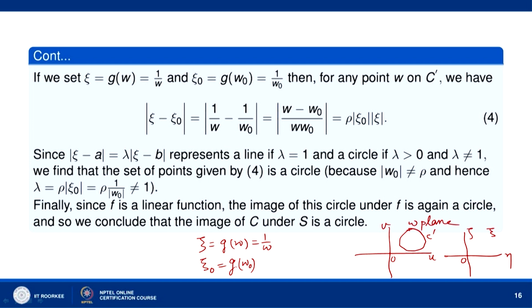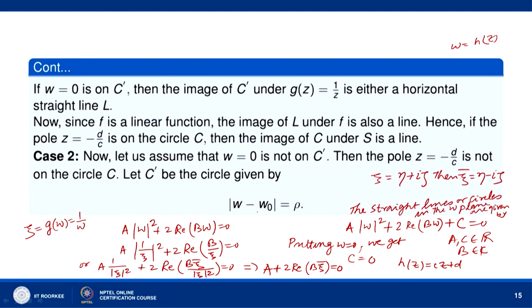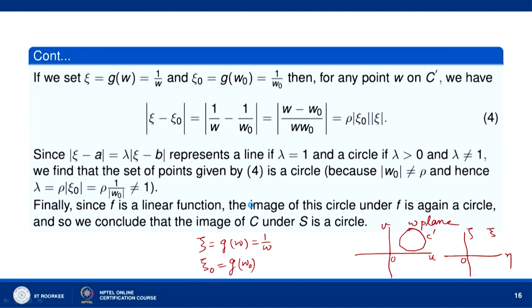The point w naught, which is the center of the circle C dash, is mapped into xi naught, then xi naught is equal to 1 by w naught. Now, take any point w on C dash, then let us look at the value of mod of xi minus xi naught. Mod of xi minus xi naught is equal to mod of 1 by w minus 1 by w naught, which is mod of w minus w naught over w w naught.